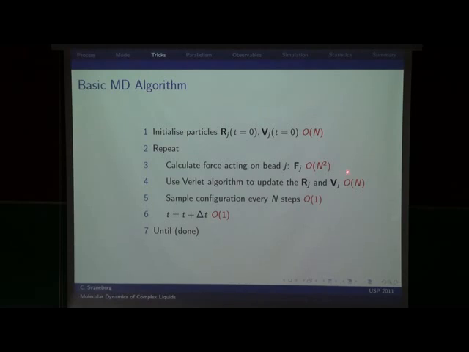So we need to know the pairs, and this is approximately N squared. The Verlet algorithm, we use this to update the positions, and this again just scales linearly with the number of particles. We have to sample the configurations every once in a while, and this takes nothing, and we have to update the time, and this takes nothing. But this is where, in a naive molecular dynamics routine, we spend all the time. So can we do better?